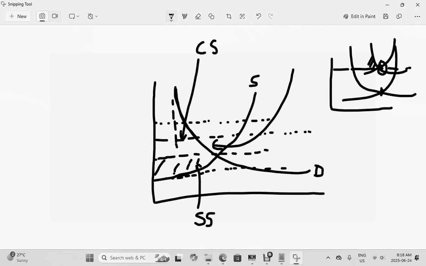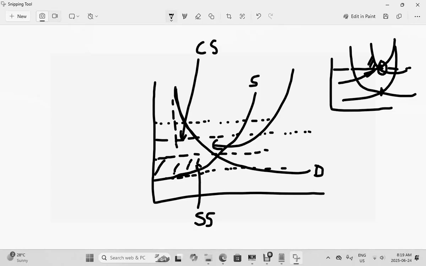The price floor is more than what the consumers were able to pay at the original equilibrium point, and more than what the suppliers were willing to accept. Now that their expectations have gone up because of the price floor, the suppliers have more of a surplus than the consumer. So that's basically the difference between a supplier surplus and a consumer surplus.